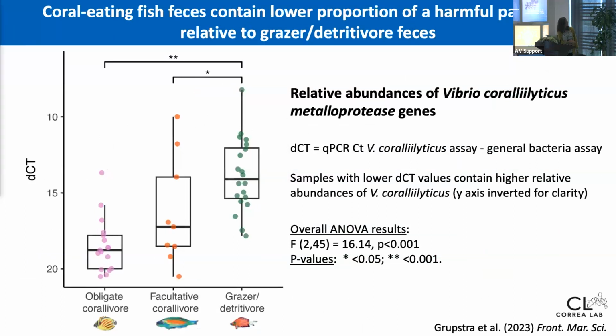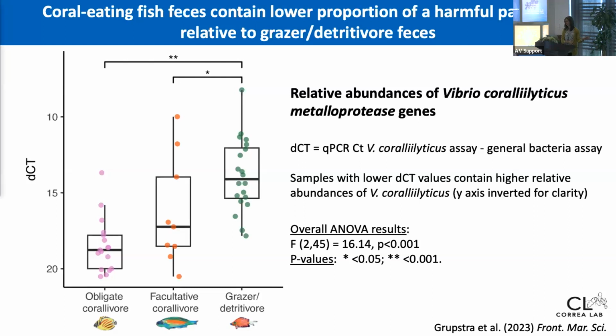And this is just getting more granular, looking at particular probable bacterial symbionts like Endozoicomonas that we do see in the coral eating fish feces. And Vibrio coralliticus is a known pathogen of corals. Using a higher resolution technique, we see significantly more of this in the grazer detritivore feces. There is some present in the coral eating fish feces, but it's less.